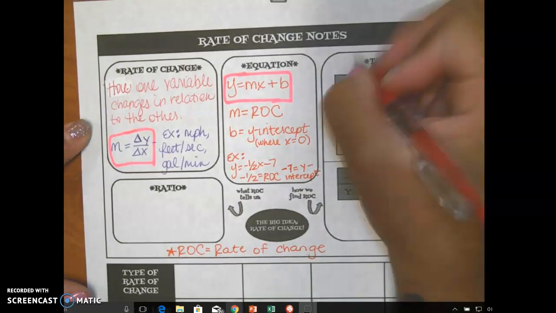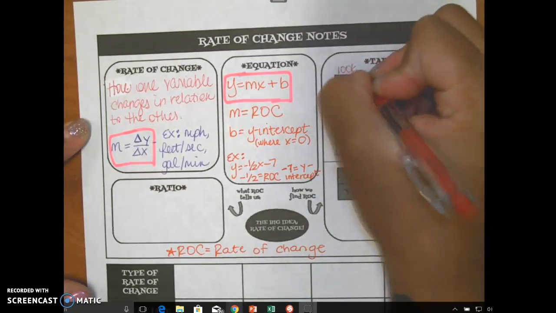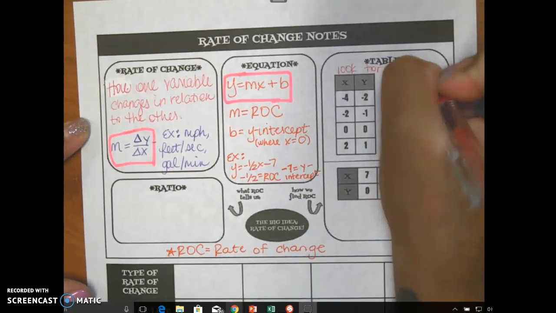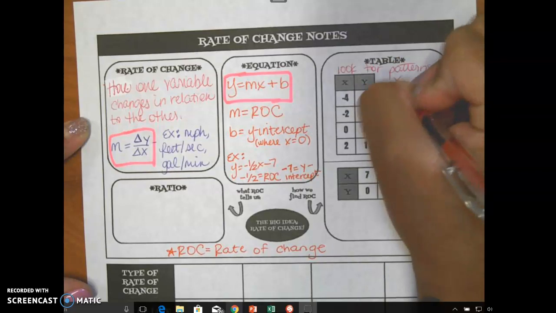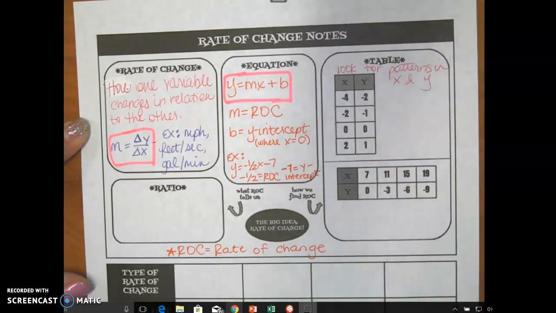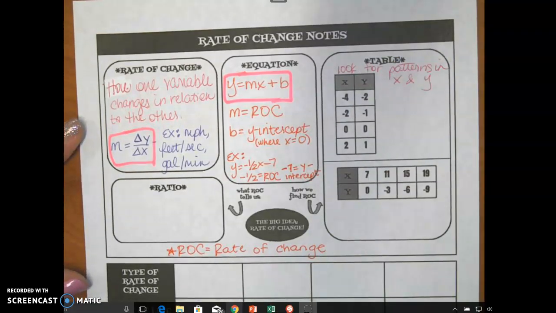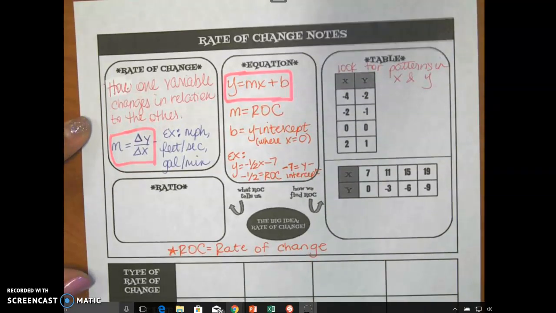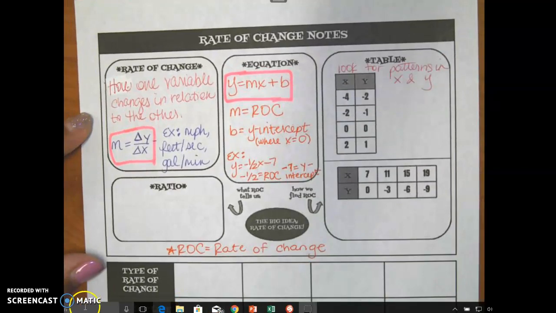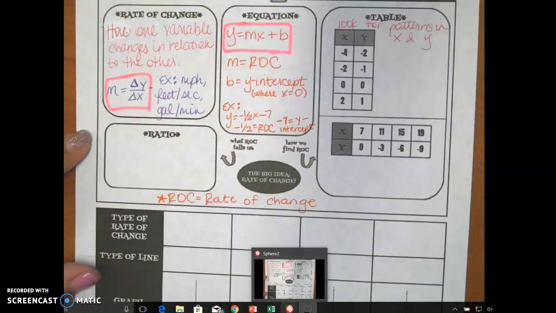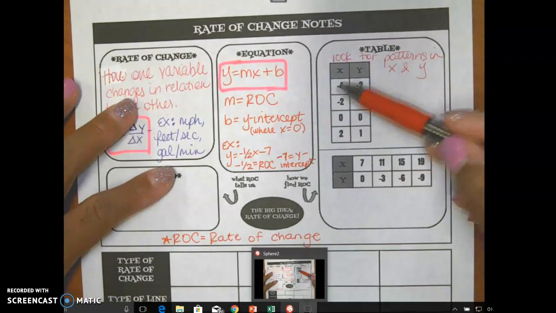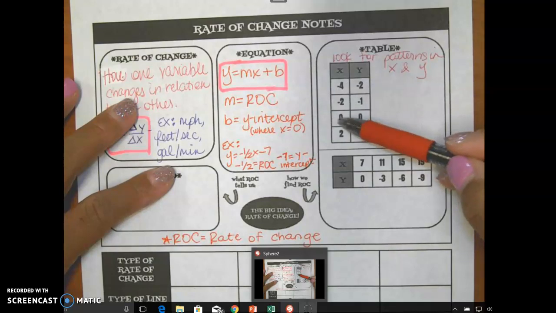So the table, I need to look for patterns in the X and Y columns. Looking for patterns in X and Y. What is happening from the -4 to the -2 to the 0 to the 2?